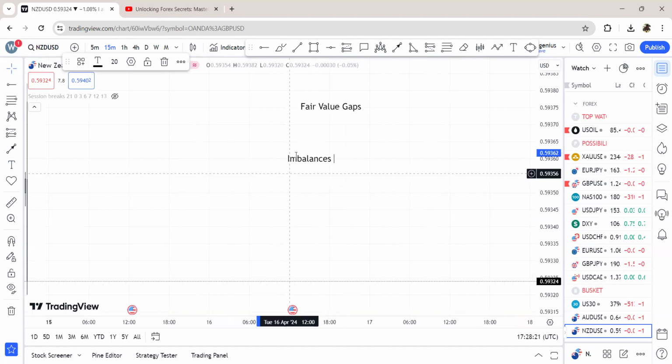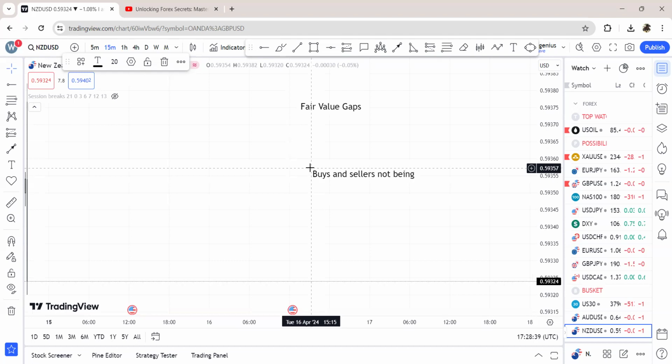Now, what imbalances are? It just simply means these are points where you have the buyers and sellers not being equal.